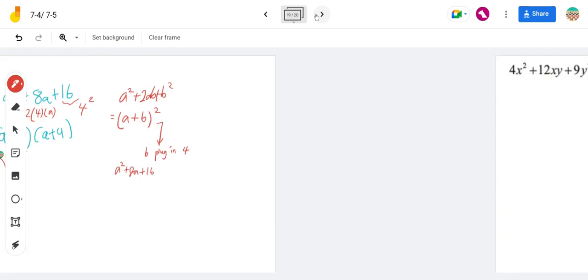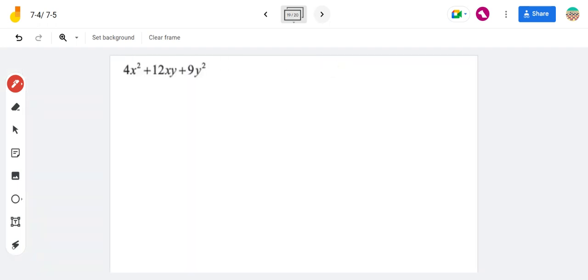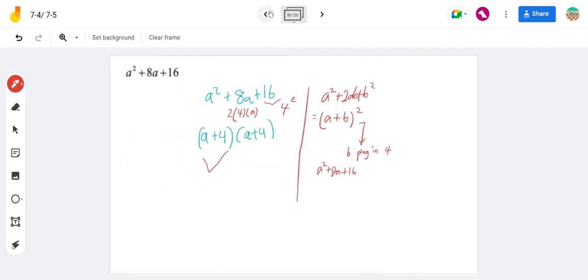Okay, so next, the other way is about the square of a sum. So you notice this can be factored by using the formula, the special products.